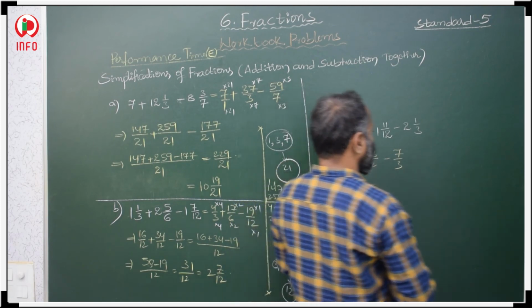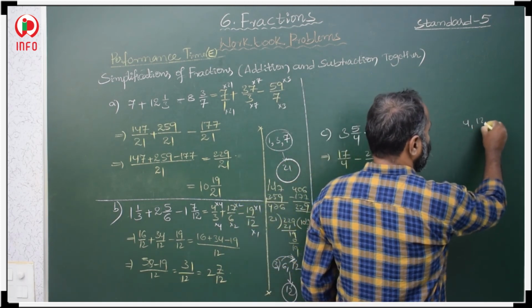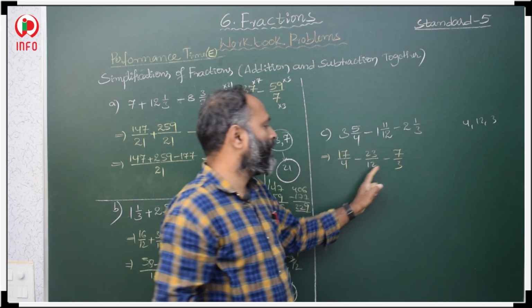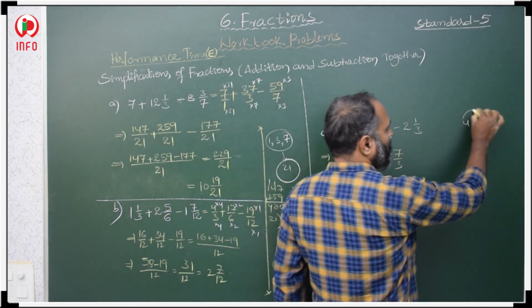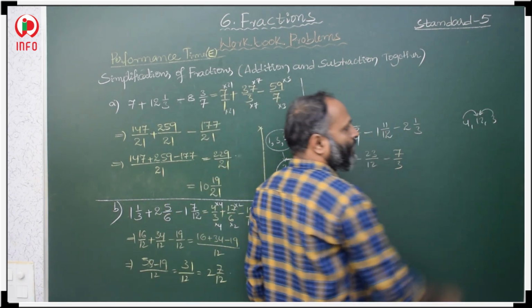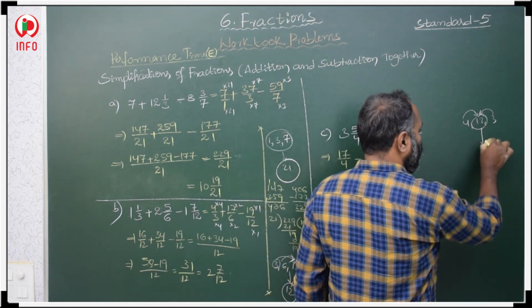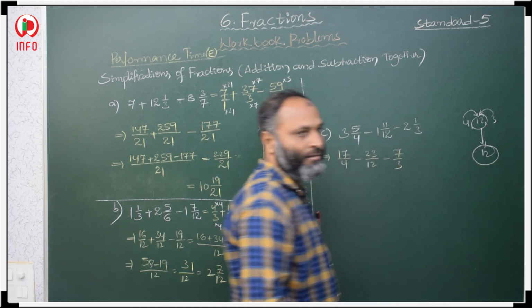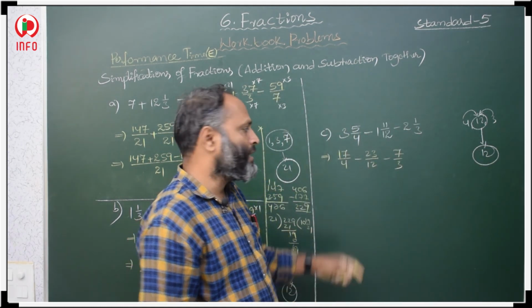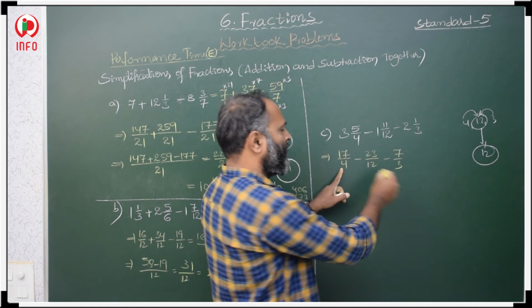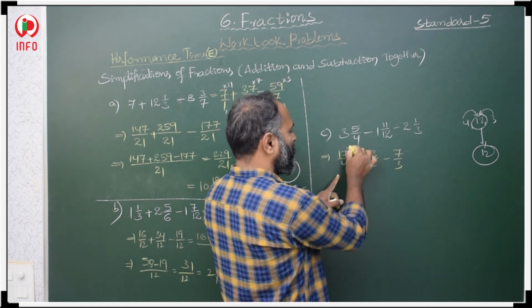Now we have to take the LCM of the denominators 4, 12, 3. 4 is a factor of 12, 3 is a factor of 12, both are factors of 12, so 12 is the LCM directly. In the 4 table, to get 12, multiply with 3.